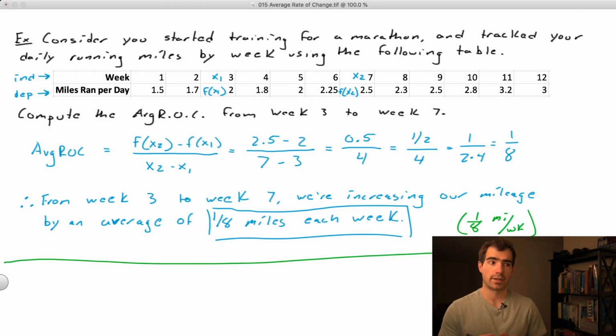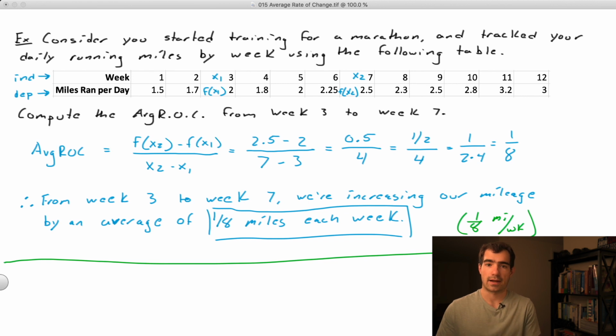Now, as an additional note here, because we call this the average rate of change, it might be worthwhile to take a moment and check this with how we previously thought about what an average was. You may be familiar that for a set of numbers, the average would be the sum of all of those numbers divided by how many there are.